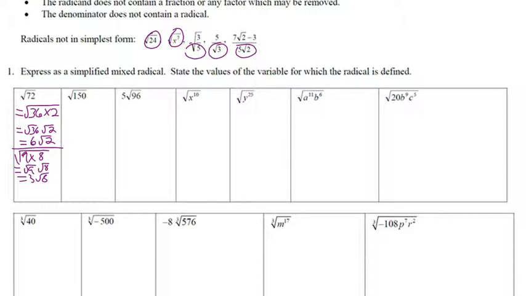But at this point, you have to recognize, well, wait a sec, there's a perfect square that goes into 8, which is what? 4. So now we write this as 3 root 4 times 2, which is 3 root 4 root 2, which is 6 root 2, right? Root 4 being 2. So you can get 6 root 2 this way or this way, all right?